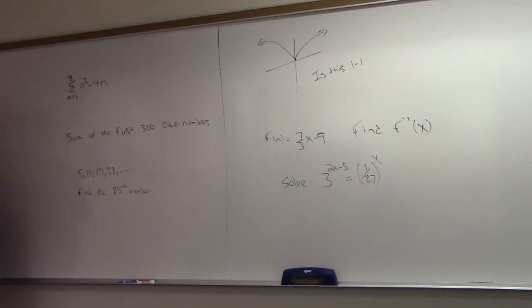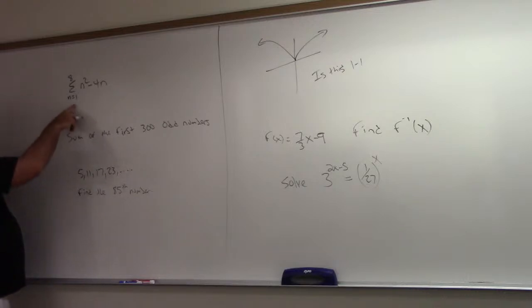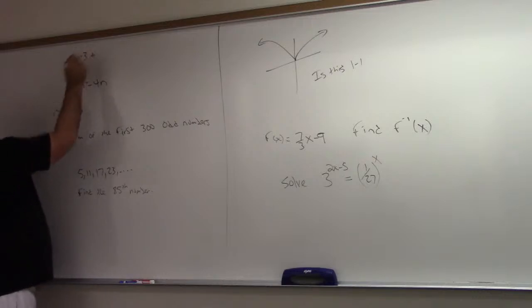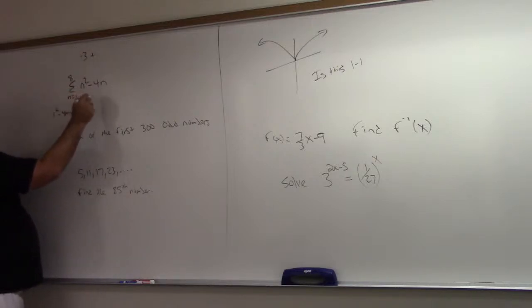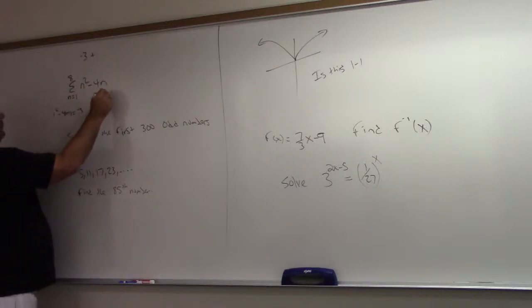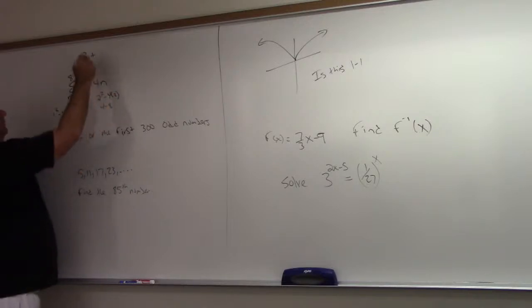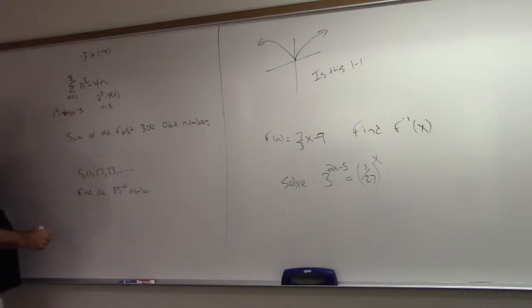Alright. So, if you gotta do this, you plug it in as 1, you get 1 squared minus 4 times 1. This is negative 3, right? So it's negative 3 plus, if it is 2, 2 squared minus 4 times 2, 4 minus 8 is negative 4, yeah?